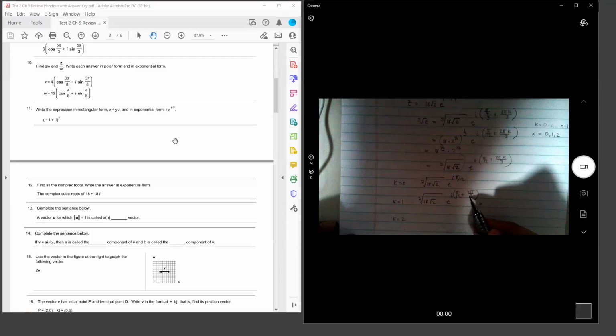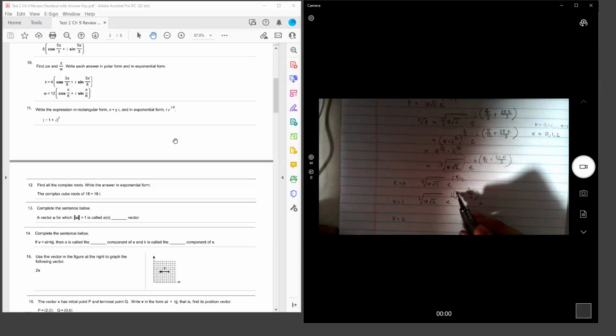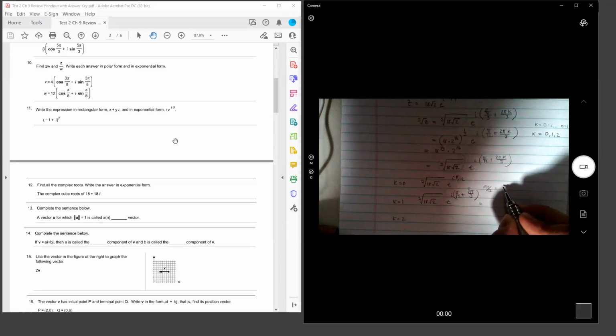A 4 times 4 will be 8, 8 plus 1 is 9, 9 divided by 12. So we get 9 pi over 12, which reduces to 3 pi over 4. So we have the cube root of 18 square root of 2 times e to the i 3 pi over 4.